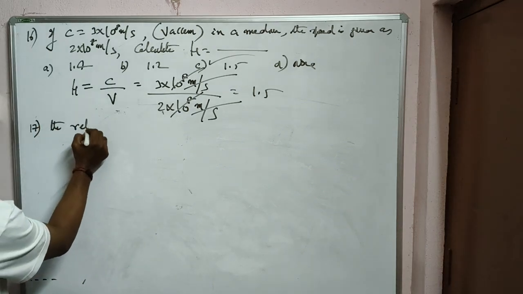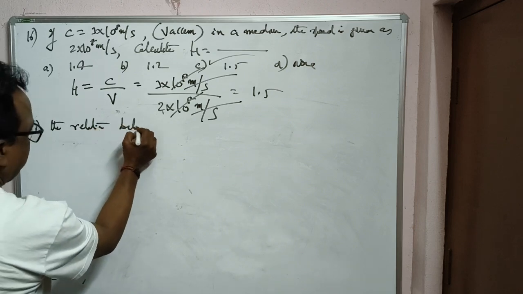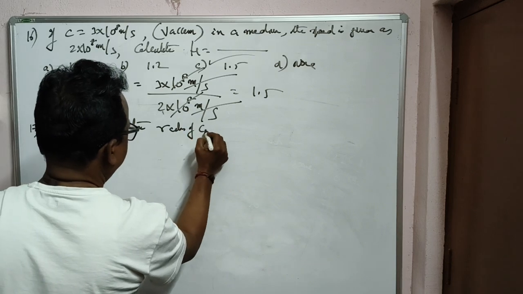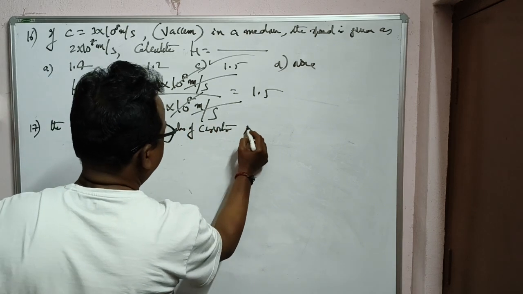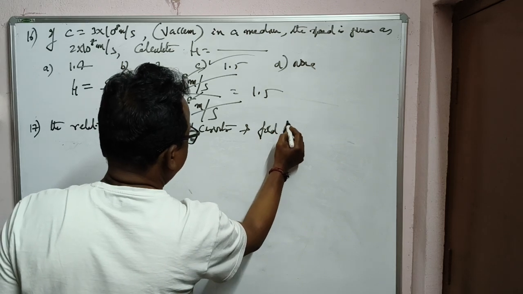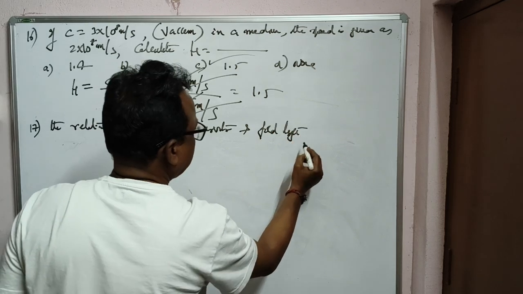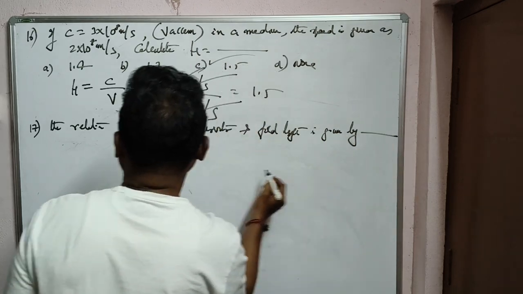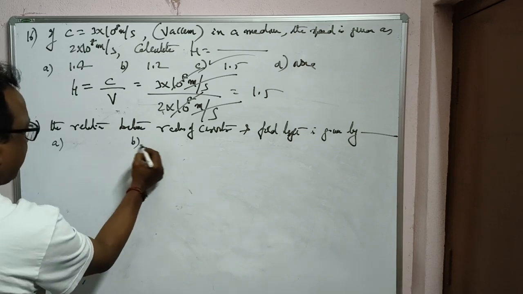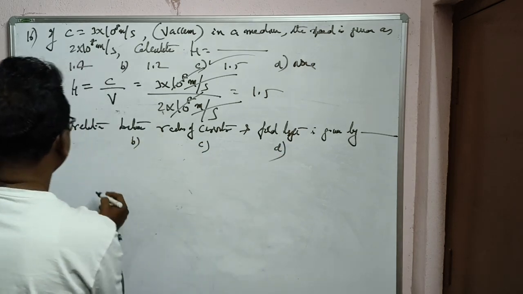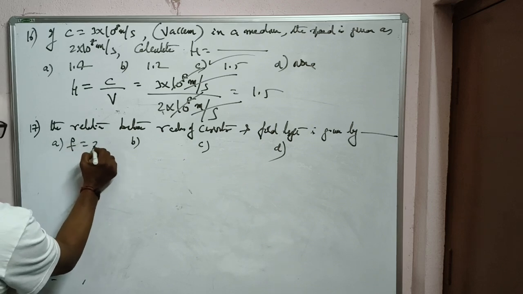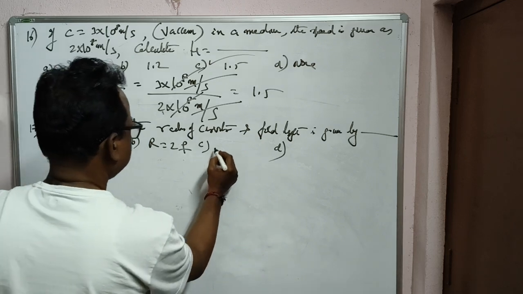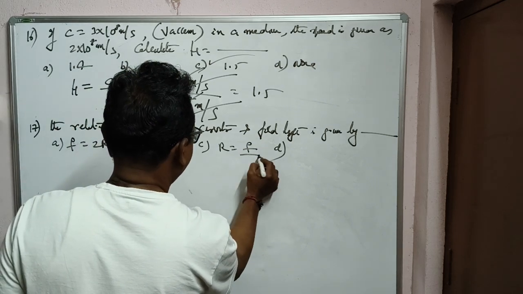The relation between radius of curvature and focal length is given by dash. A, F is equal to 2R; B, R is equal to 2F; C, R is equal to F by 2; D, none.